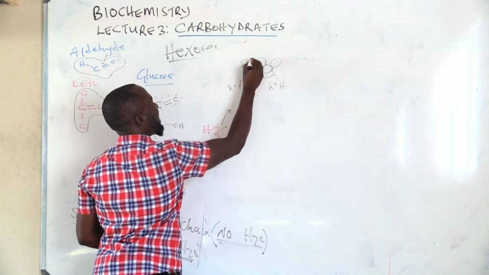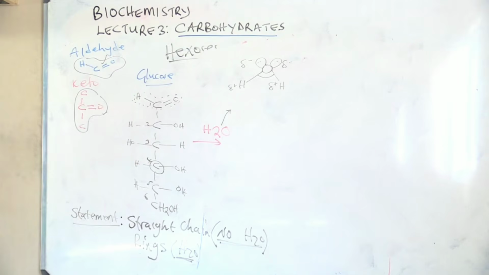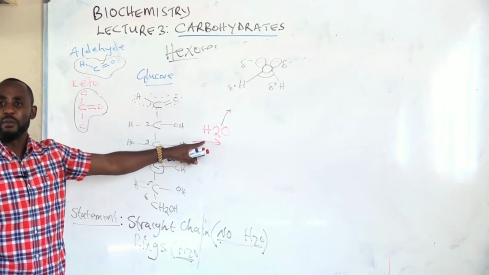The pairs, partially negative, partially negative. That's what we discussed when we were doing water and its chemistry. So remember this structure because we shall use it to demonstrate how glucose, when exposed to water, folds to form a ring structure.